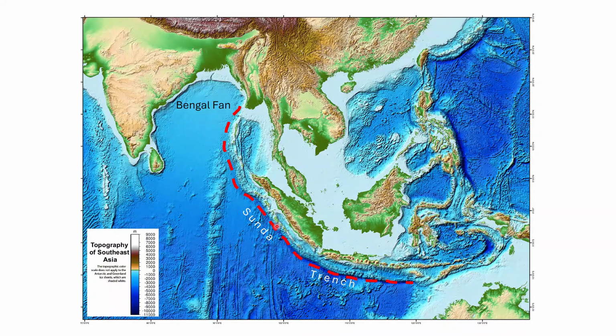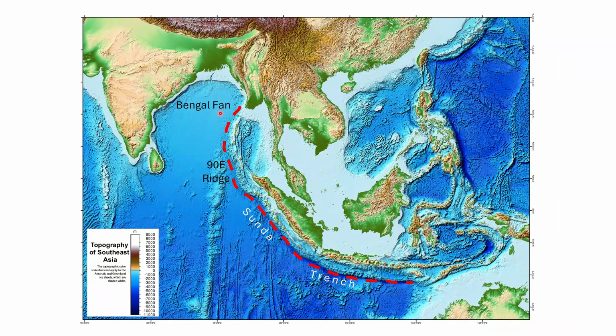The areas that are of interest to us in the entire system that are going to be affecting everything that we talk about in the Sunda Trench actually starts up here in the north in the Bay of Bengal with the Bengal Fan.